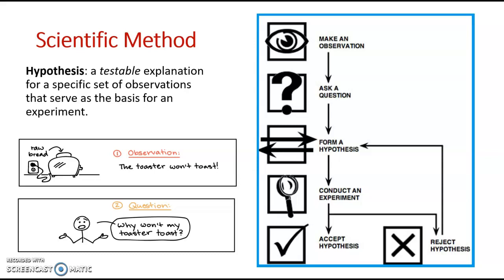So your lab for this week, you're going to get a chance to develop and design your own experiment. And you're going to conduct an experiment that I've laid out for you using some common household items. So the lab for this week is heavily focused on understanding the scientific method.